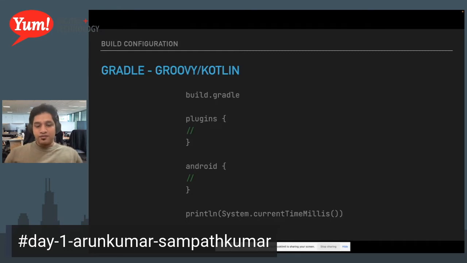One of the interesting bits here is this last statement, println, where I'm trying to print the current time in milliseconds at the time of evaluation. Now, as a user, correctness for me means that this line should always evaluate and print the time at which the build script was evaluated, and it would work just like that when you run configuration on this build.